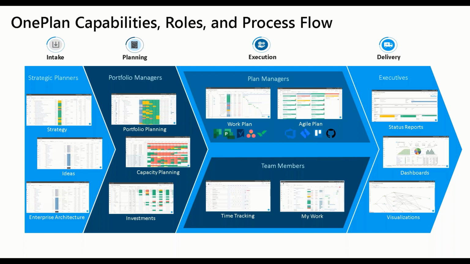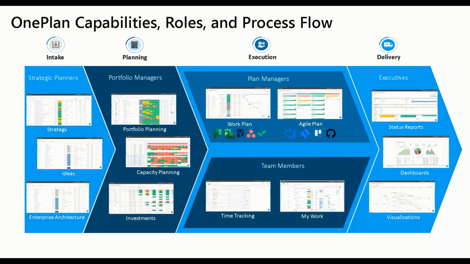But if you actually wanted to break it up and have strategy before intake, in order to reflect strategy execution management, we could do that. Even if this was a lean portfolio management life cycle, the process steps will be different, but our feature set can accommodate whatever that life cycle is for you.